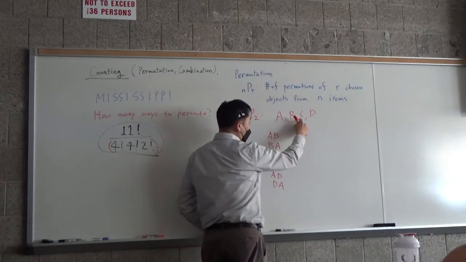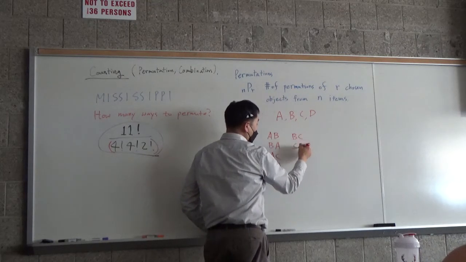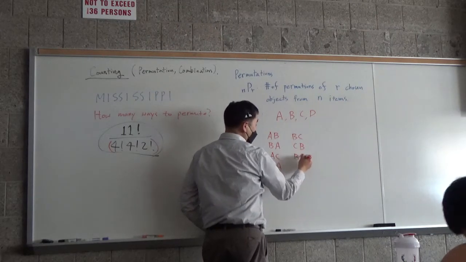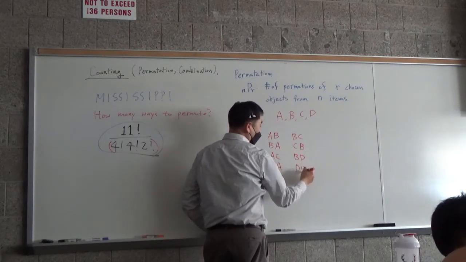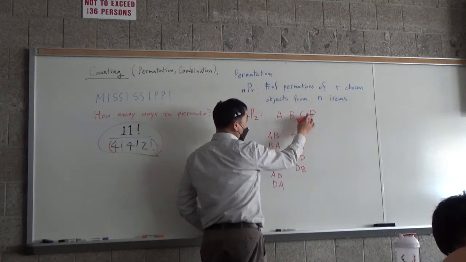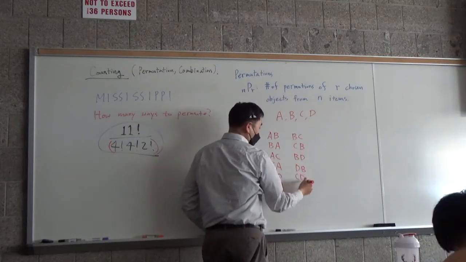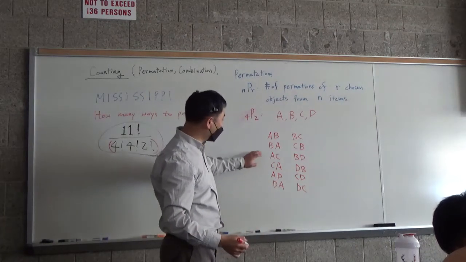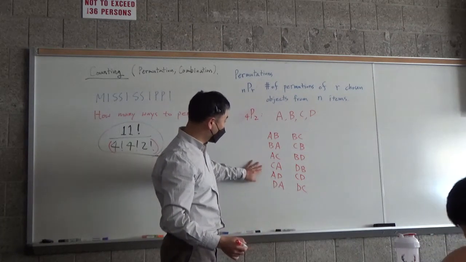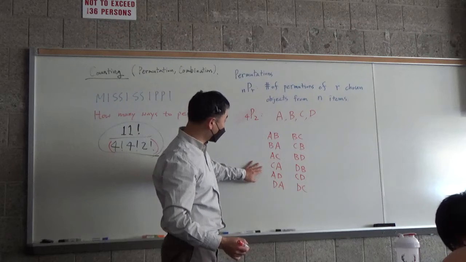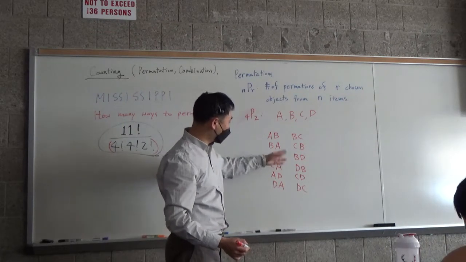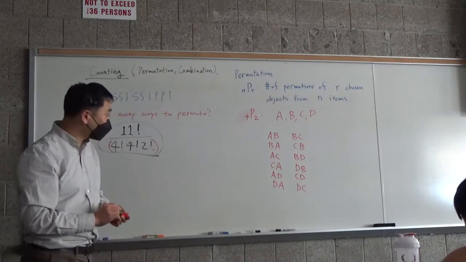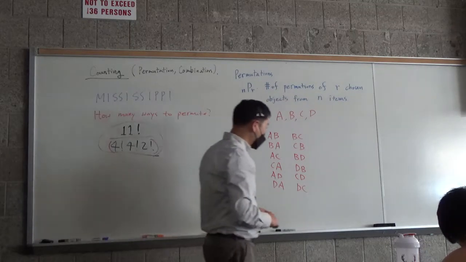If you chose B and C, it could be BC and CB. If you chose B and D, it would be BD and DB. And finally, if you have C and D chosen, it would be CD and DC. So you have a total of 6 plus 6, 12 objects. All right. So that's 4P2.